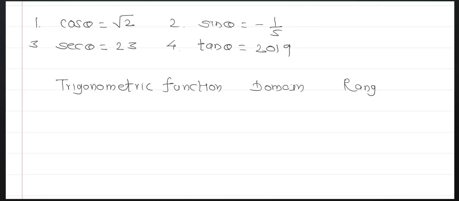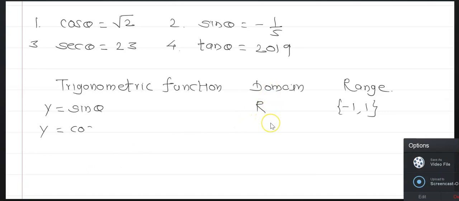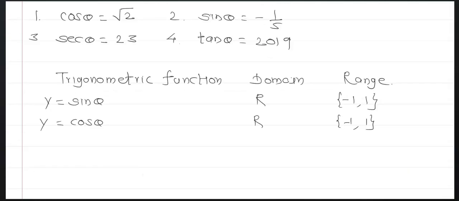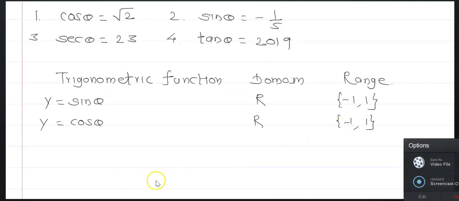Trigonometric functions, their domain and range. So y is equal to sin theta: its domain is the set of real numbers and its range, the values, lie between minus 1 and plus 1. Second, y is equal to cos theta: the domain is capital R, and its values again lie between minus 1 and plus 1.